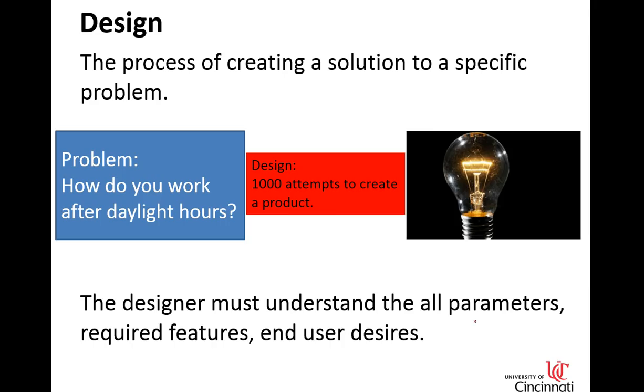If this is going to be in an environment where pressure is a factor, does it need a certain cleanliness to it? Also, end user desires, such as, does it have to be a certain speed, a certain type of height requirements, a certain type of weight requirements.